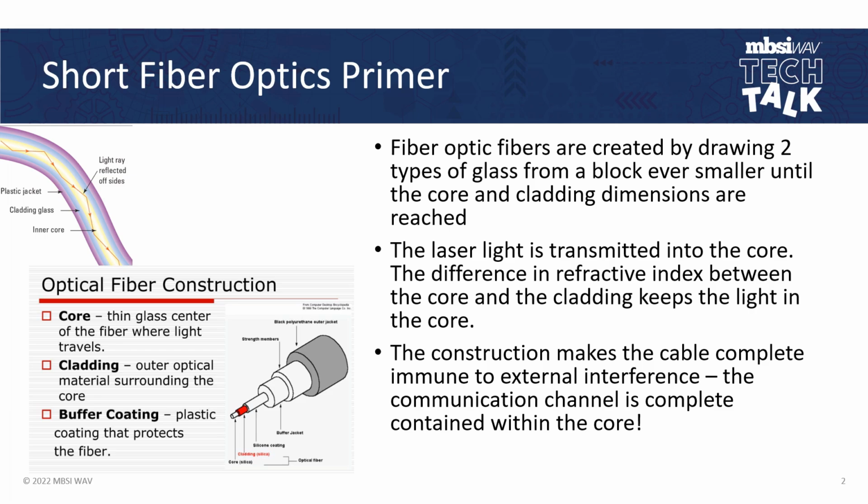Then on top of the core, there is a cladding, which is an outer optical material that surrounds the core. This cladding has a different refractive index than the core. And at the boundary between the core and the cladding, the light is held in the core by this difference in refractive index.